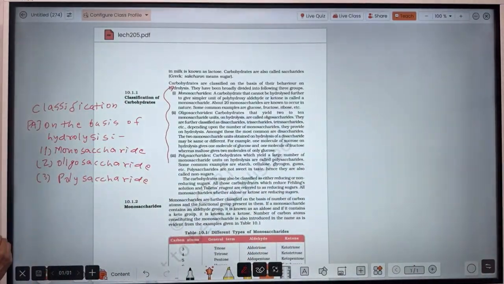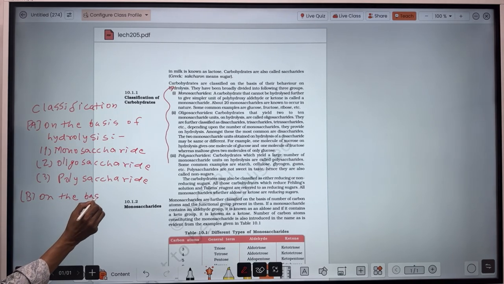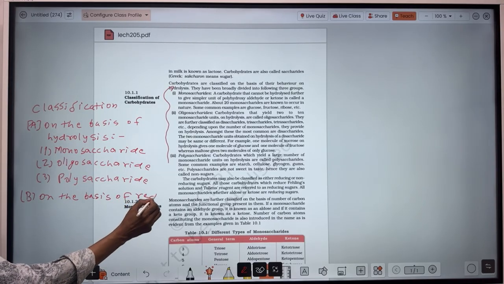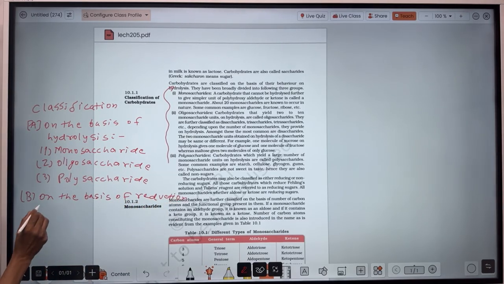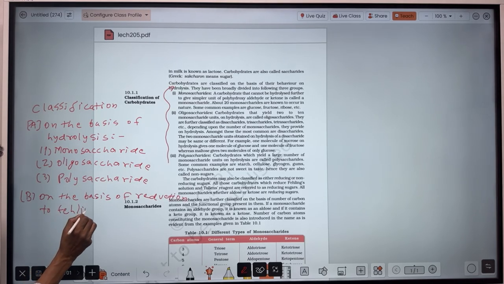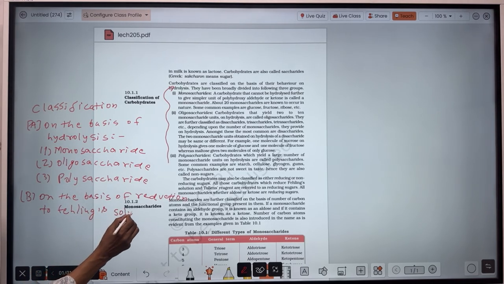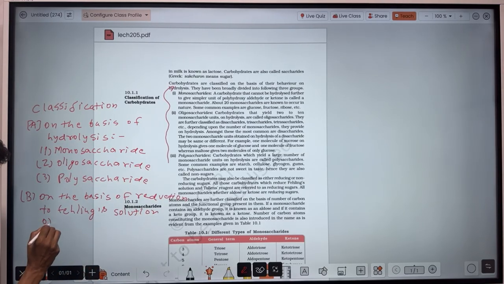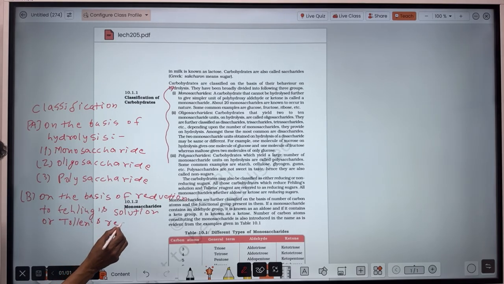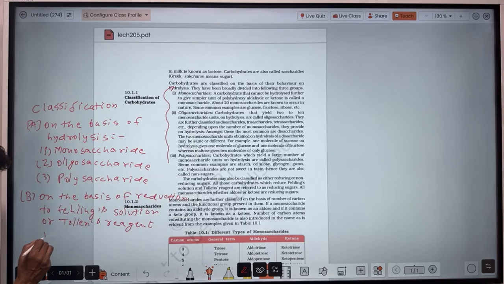Now, on the basis of reduction of Fehling solution or Tollens reagent, it is classified into reducing sugar and non-reducing sugar.